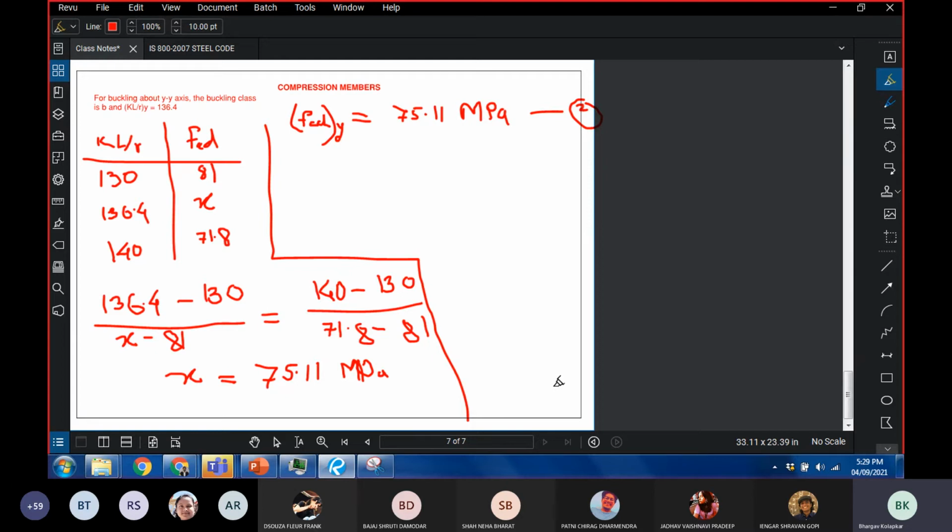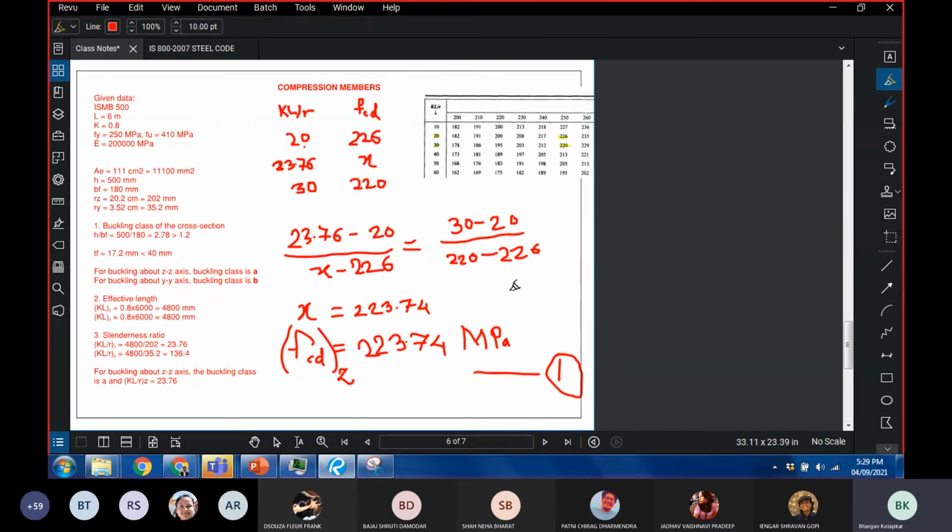That is why when you hold a steel ruler in your hand and try to press it, it buckles about the minor axis easily. So this value of buckling stress is much lesser than the value for the major axis.